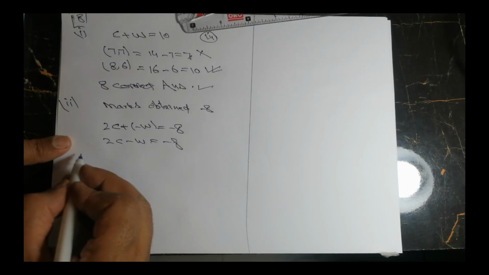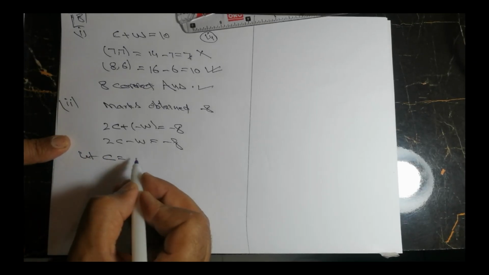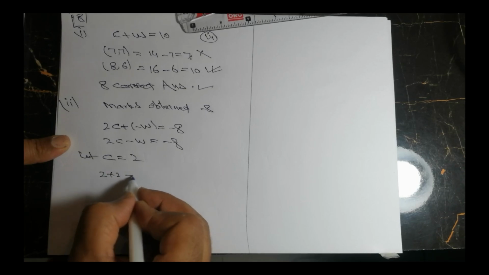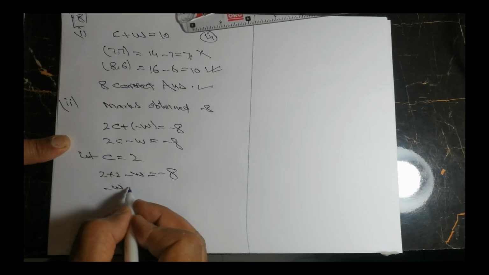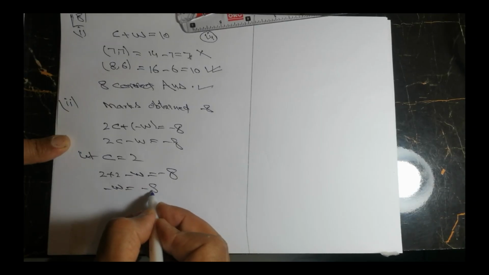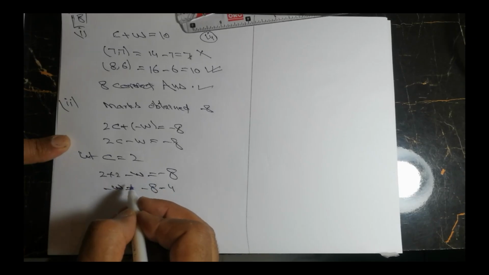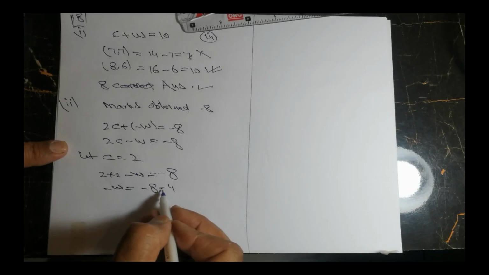We can place different values. We can start from 2. For example, for the correct answers, let c equal 2. So 2 into 2 minus w equals minus 8. Minus w equals minus 8 minus 4, and shifting towards the right side, this will be negative.